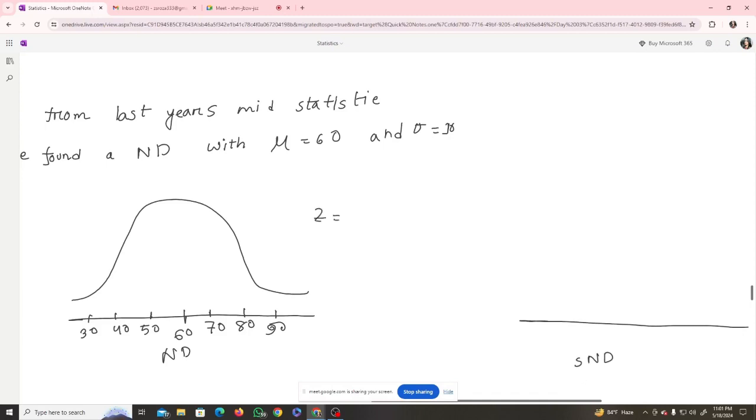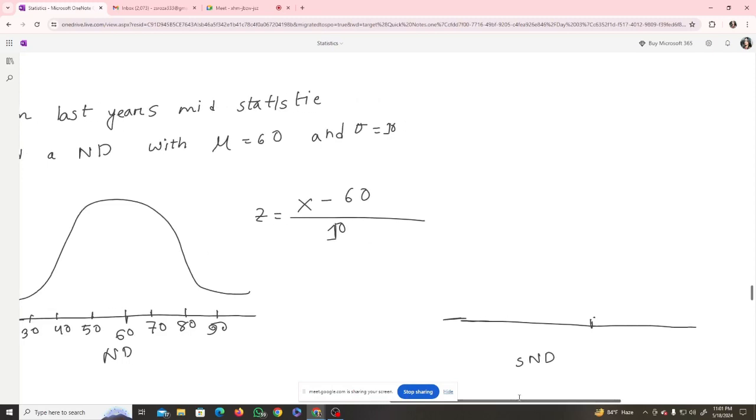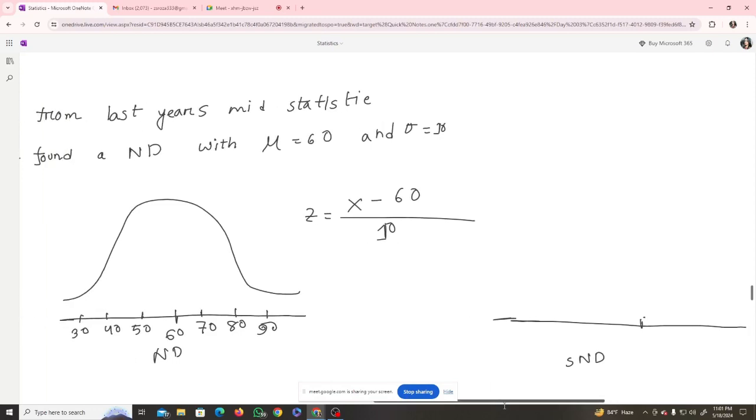Since x is observation, and the population mean is 60 and standard deviation is 10, in this case 10 will be here. So firstly, let's find the mean in this case. In this case, this was the mean.